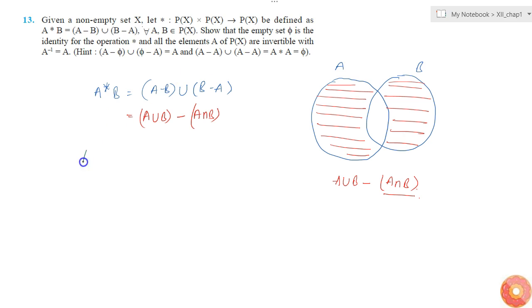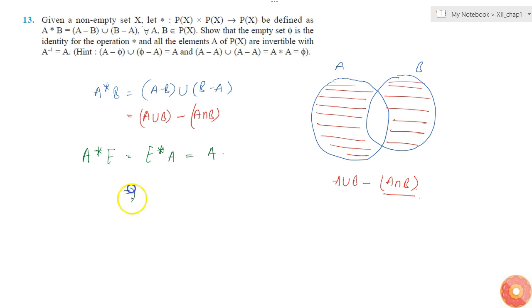So what is identity? Identity means that if E is the identity, then A star E equal to E star A, which is equal to A again. Such an element E, or in this case such a set E, is called the identity.